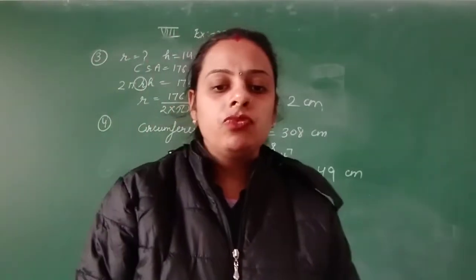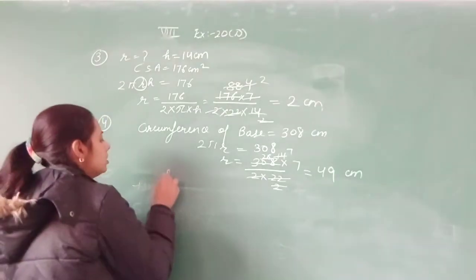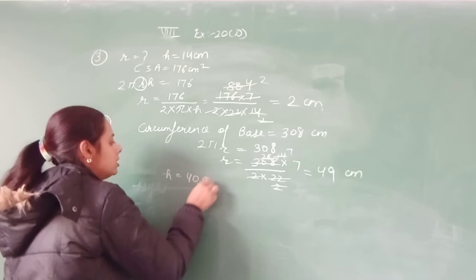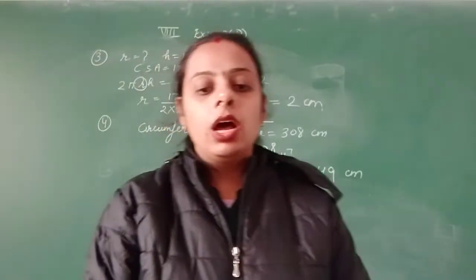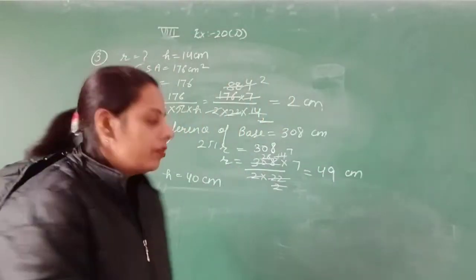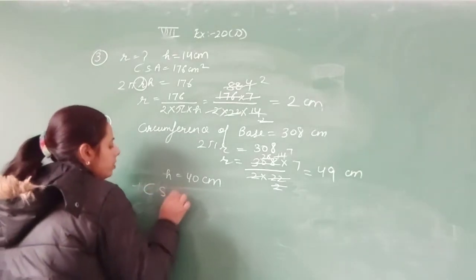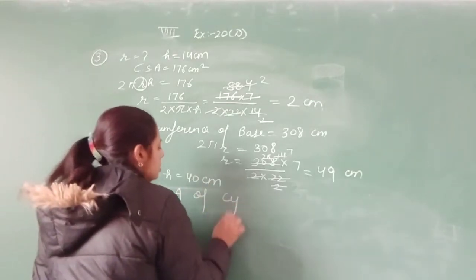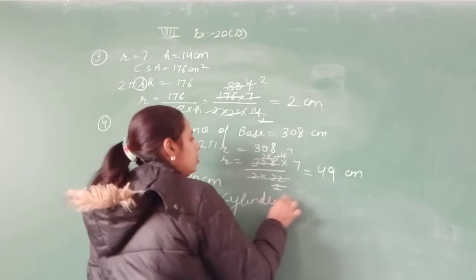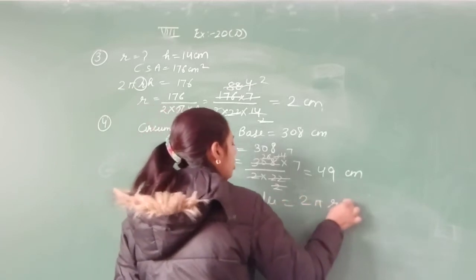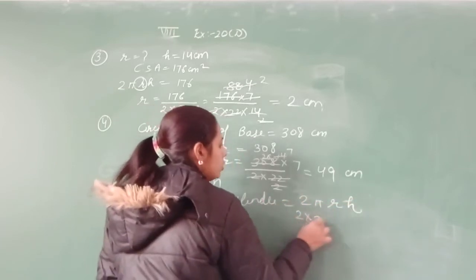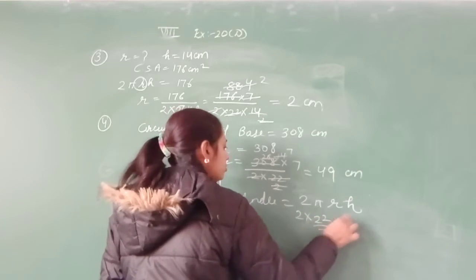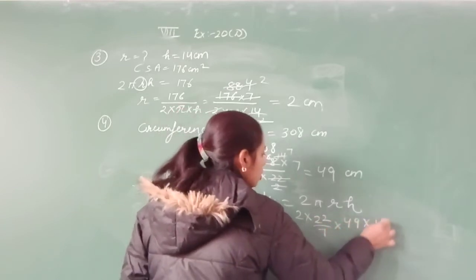So the radius is 49 centimeter, height is 40 centimeter, that is given here. So find the curved surface area of the cylinder. Curved surface area of the cylinder will be 2 pi r h. 2 pi is 22 by 7, r is 49 and h is 40.